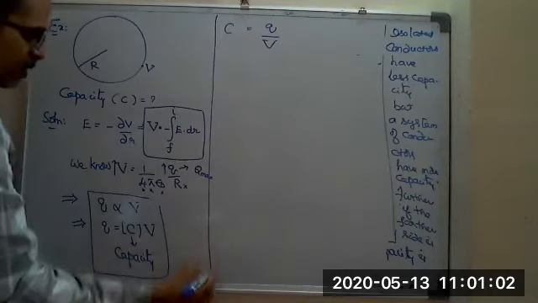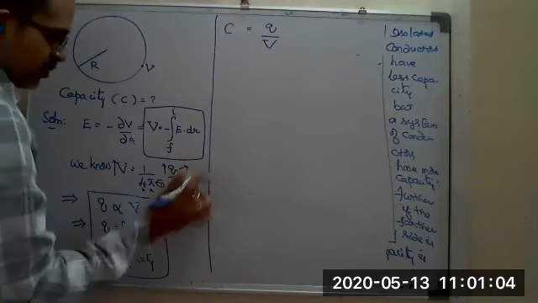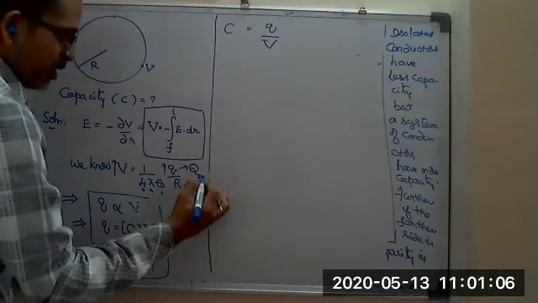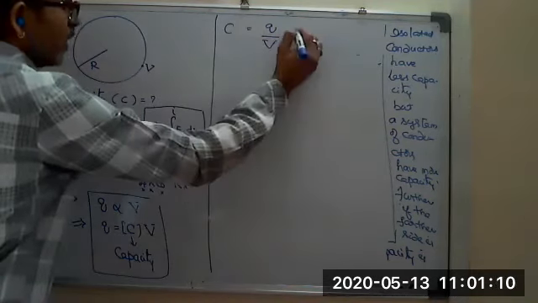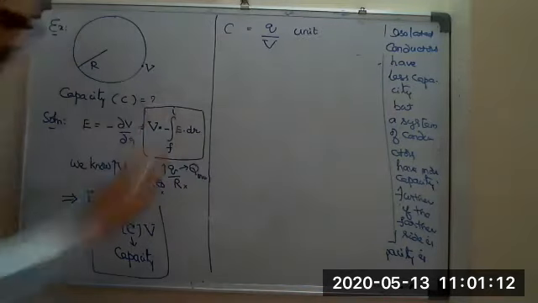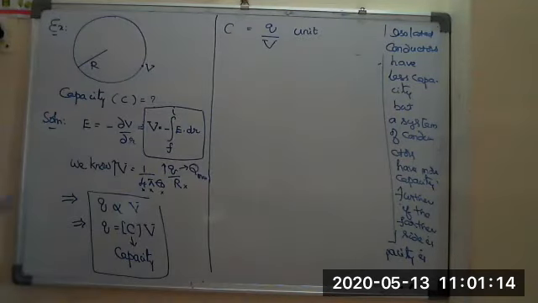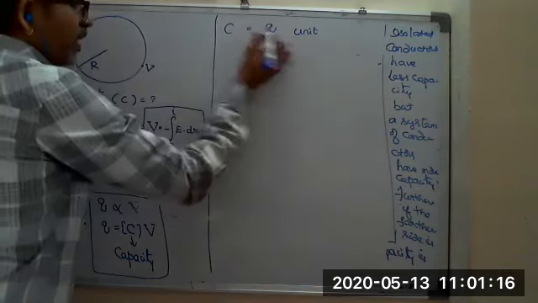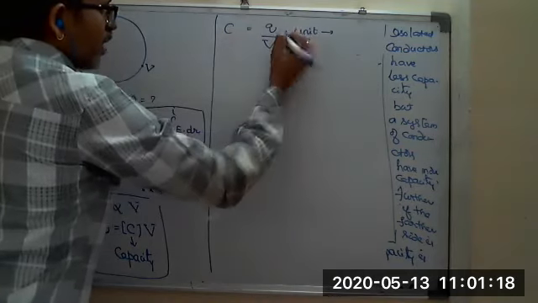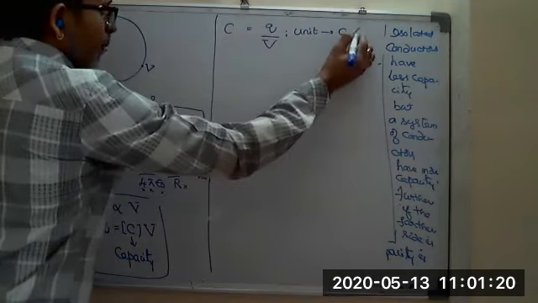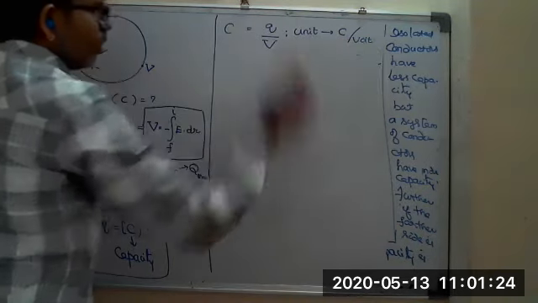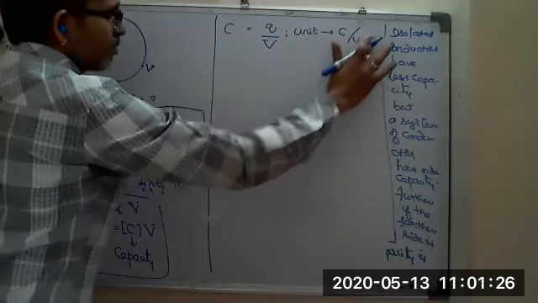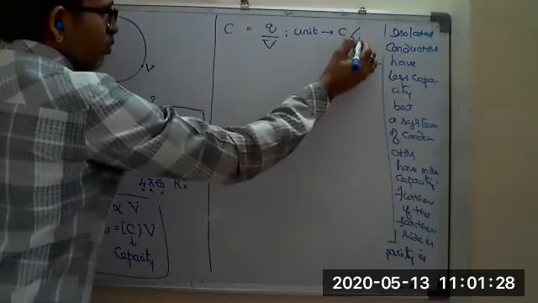Am I right? So here, that Q by V means immediately first we write what is its unit. Its unit will be, here Q by V. Q unit is coulomb, V unit is volt, represented with the letter V. So coulomb per volt.